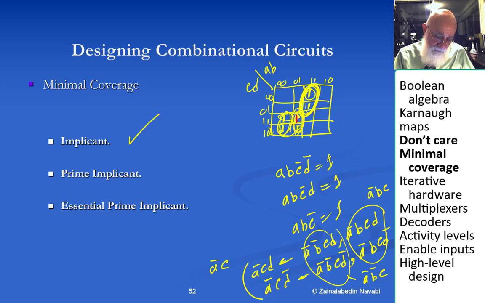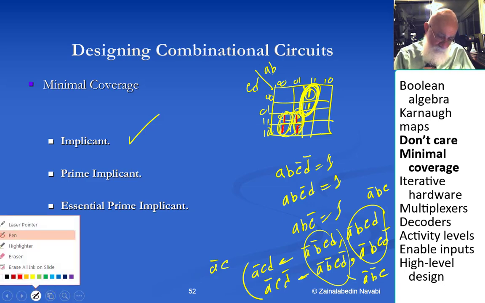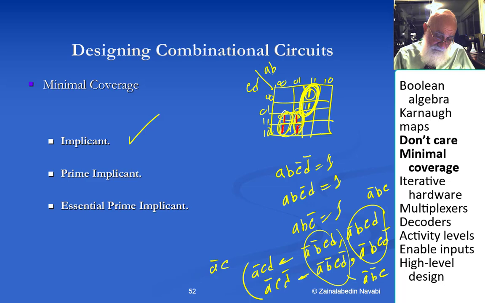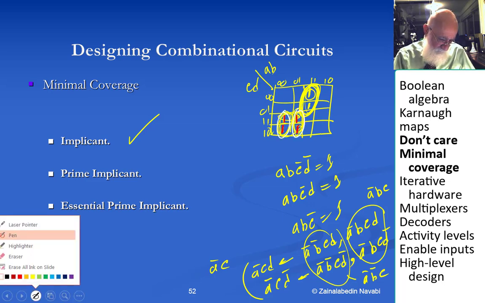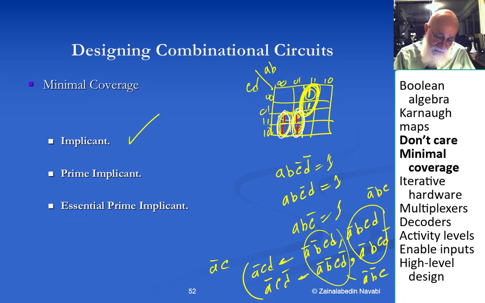This, and this. This, this. You're counting 8. Okay, 4 little ones, 4 that contain 2 mean terms.